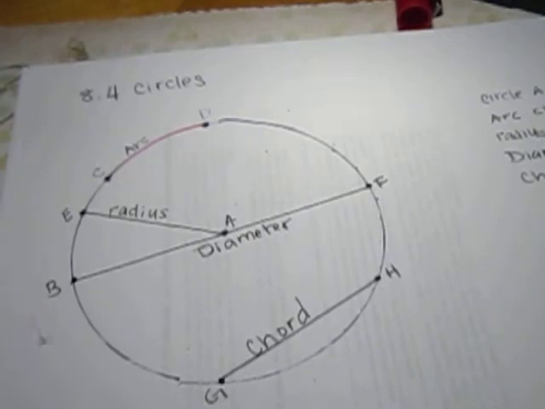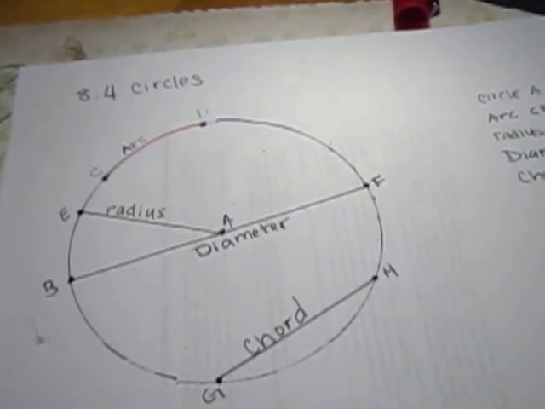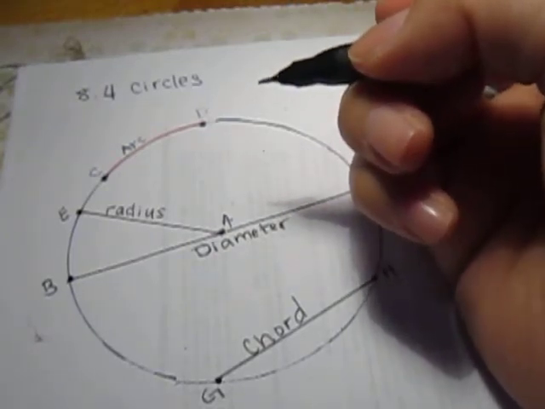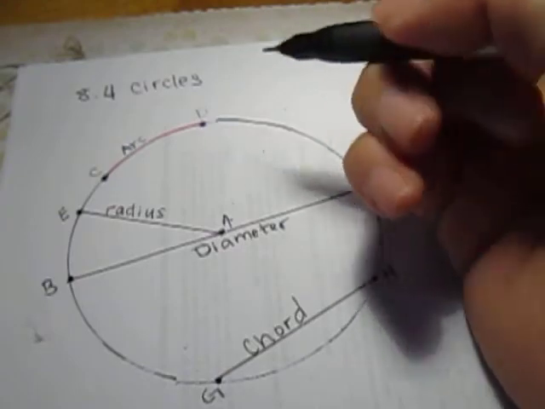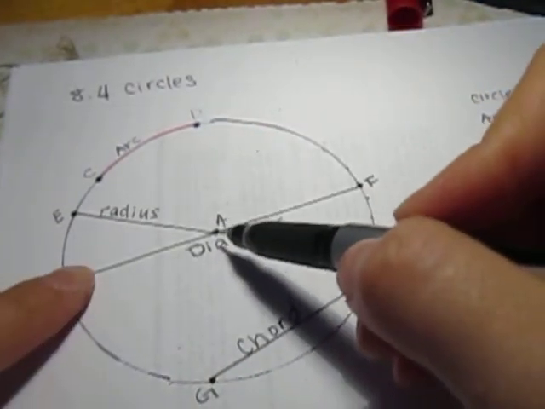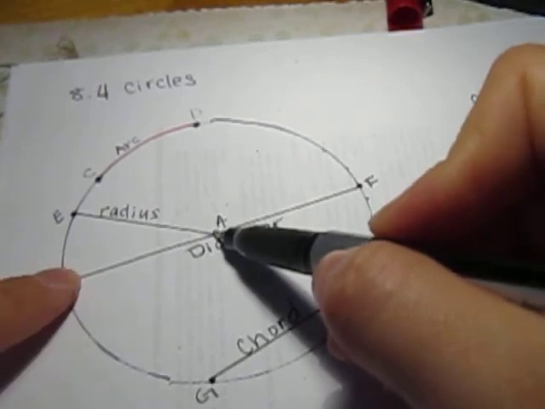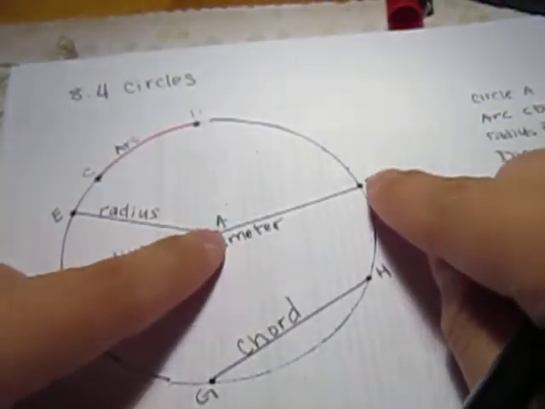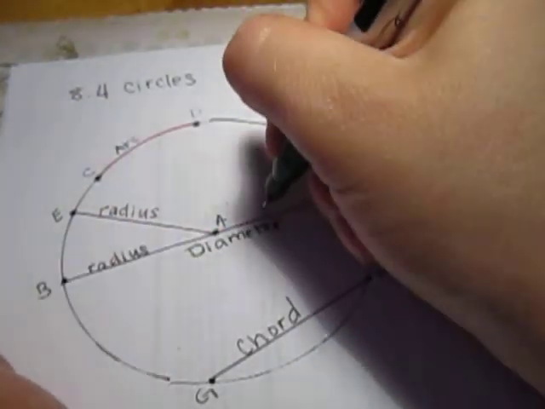Let's see, what else do we want to talk about? We also have to notice that there is something, you see the diameter? Well, one side of the diameter goes from the center to the end, which we said that's a radius. So here we go, we see another radius here. Notice over here from A to F, that's another radius.